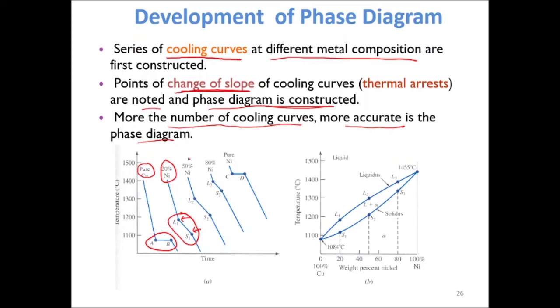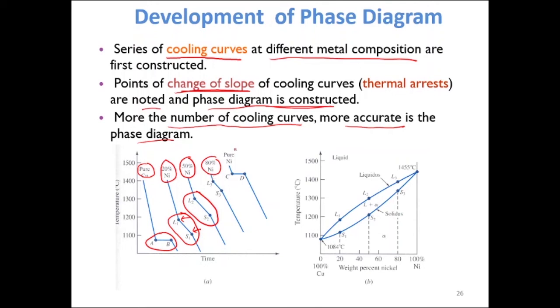After that we use 50% nickel, which means we have 50% copper in that solution. We get L2 and S2 for the solidification temperatures. After that, also the same, we use 80% nickel and 20% copper.